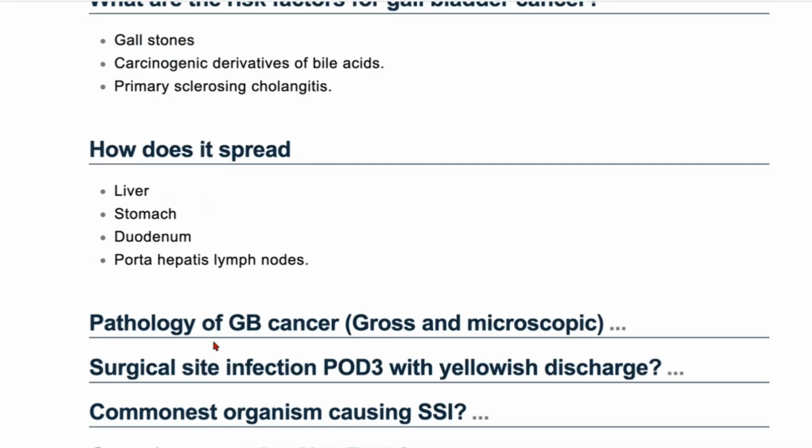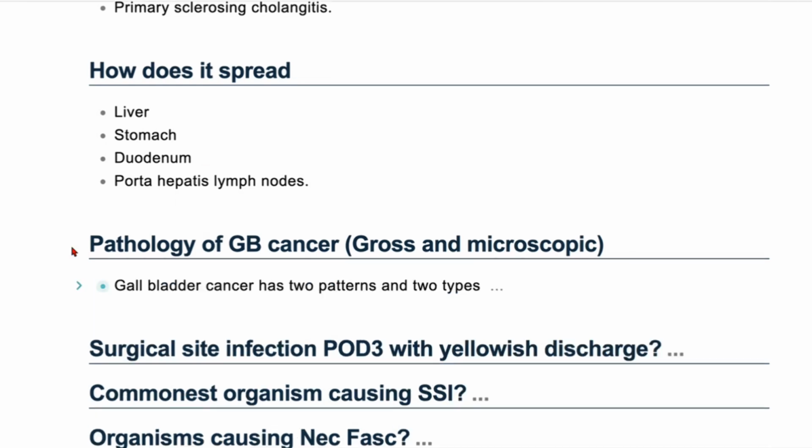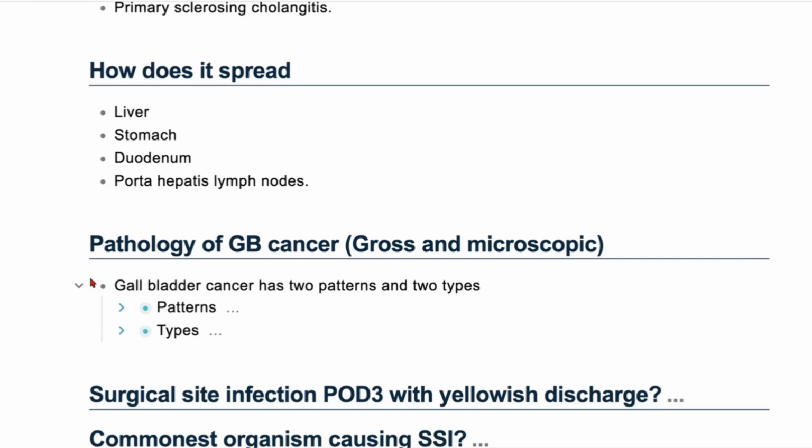All right. What's the pathology of gallbladder cancer? So there are two typical patterns: infiltrative and exophytic. The exophytic looks like a cauliflower mass and grows into the lumen, whereas the infiltrative is the most common, however, and carries a poorly defined thickness of the gallbladder wall. Good.